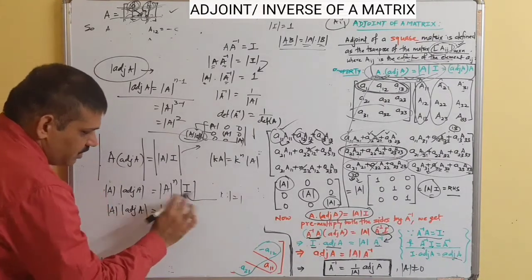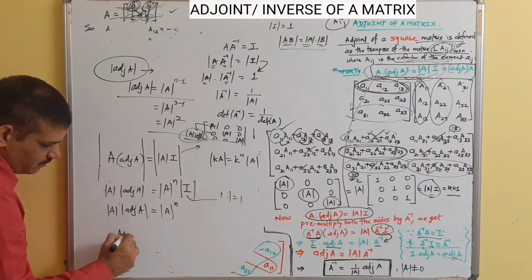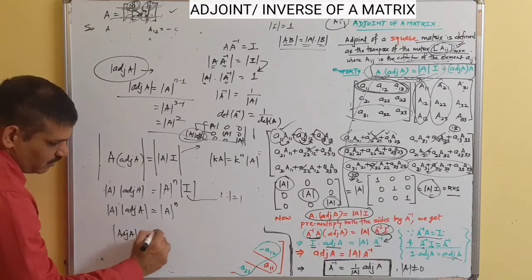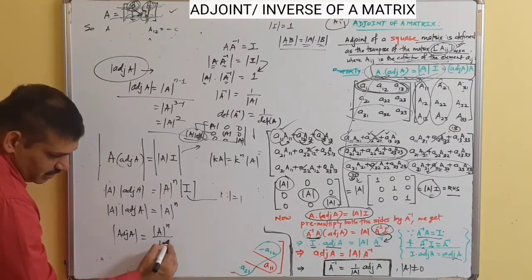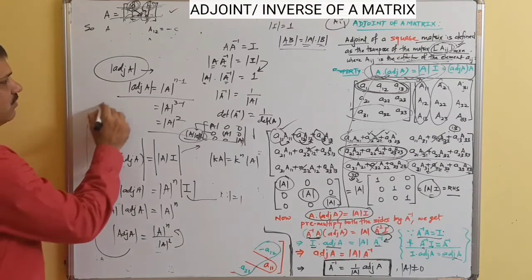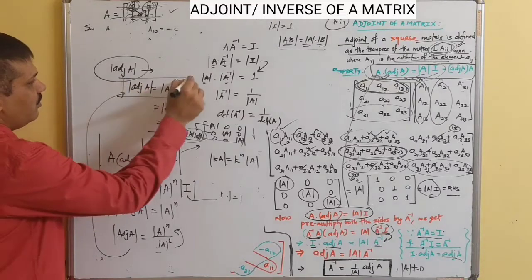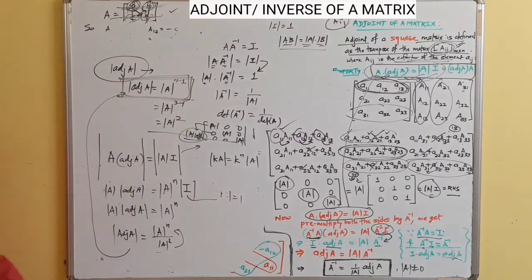Dividing both sides by determinant A, determinant A raised to n upon determinant A, that is determinant A raised to 1, so 1 power will be subtracted. This will give us the formula: determinant of adjoint A is equal to determinant of A raised to n minus 1.